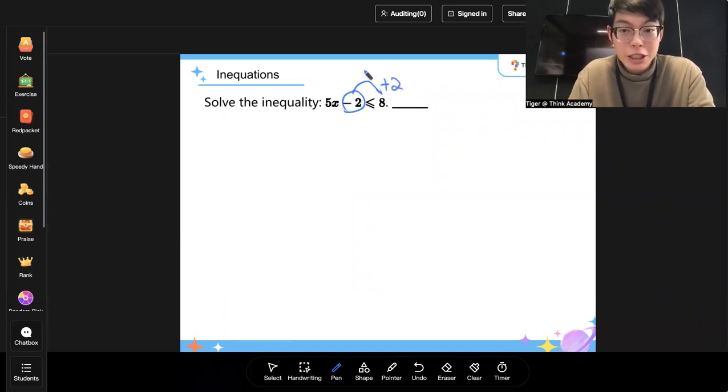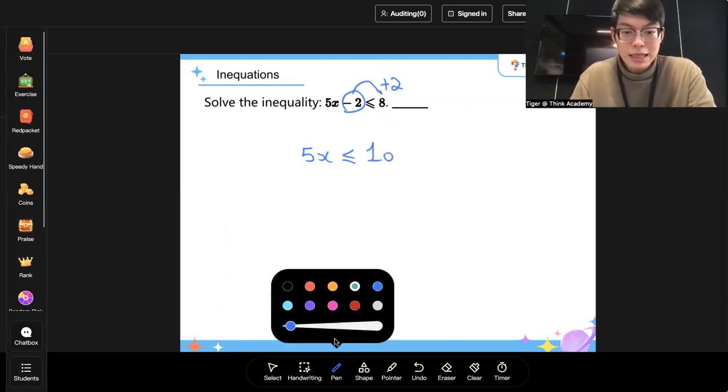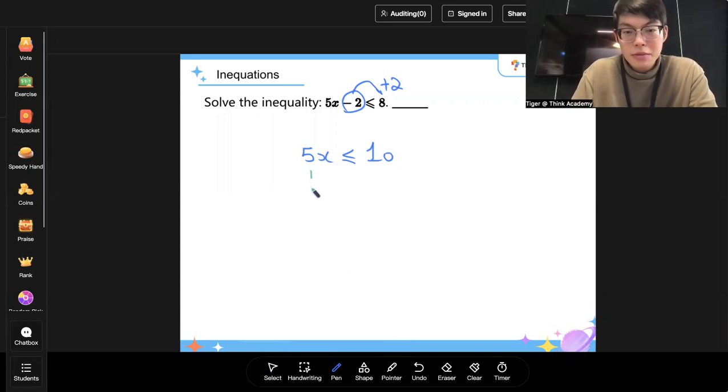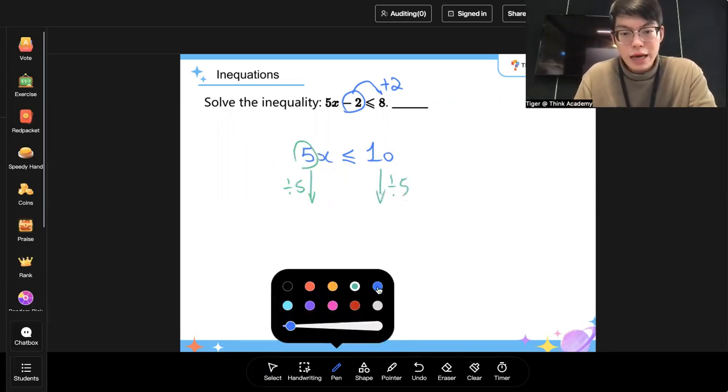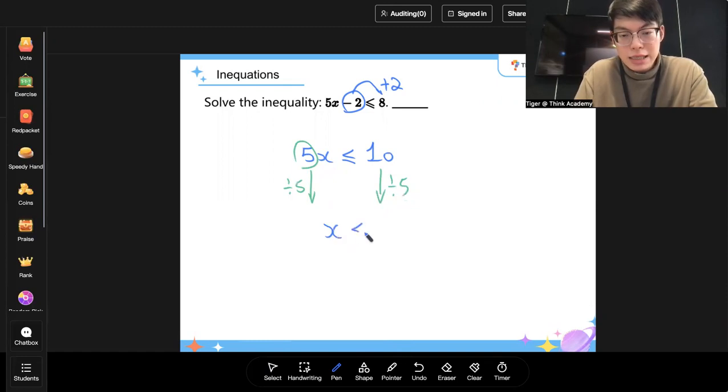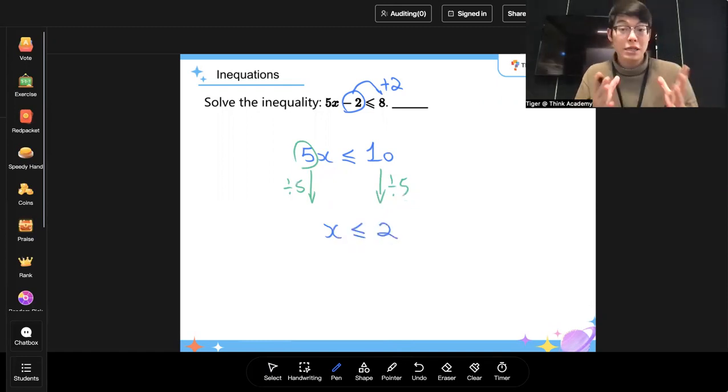We change the sign when we move the side. So we have 5x is less than or equal to 8 adding 2, that's 10. The next step is to divide, because you don't have to factorize it. So we divide both sides by the x coefficient 5, and we have x is less than or equal to 2. That's going to be the answer to this question.